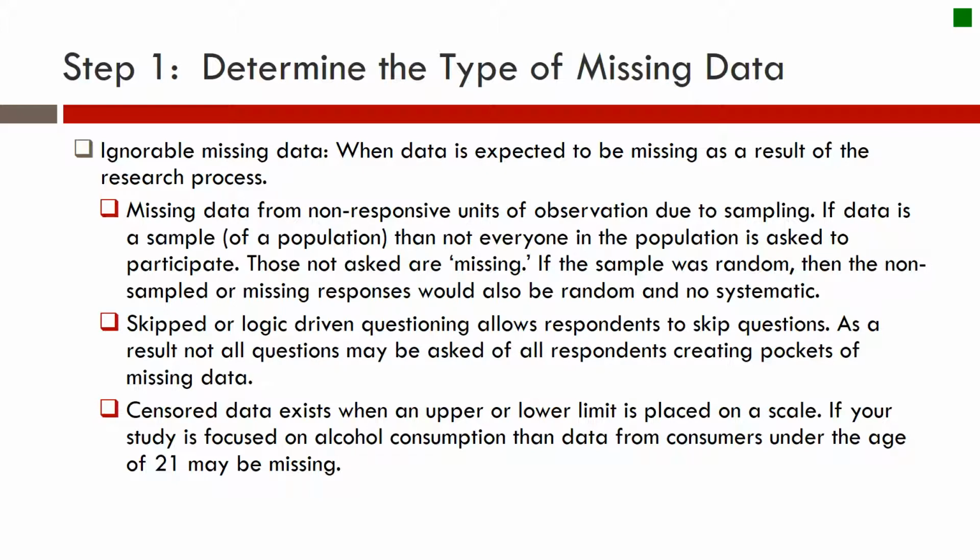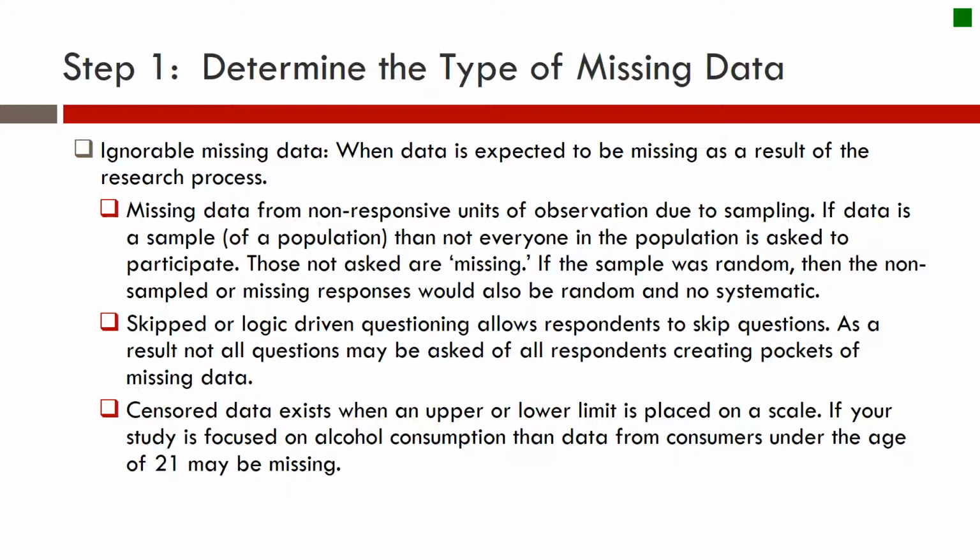So given that we're doing a sampling and not a census, it means that not everybody in the population of interest will be asked to take the survey or have the survey available to them. So therefore, they're missing. So this is something that we would expect as part of the research process.